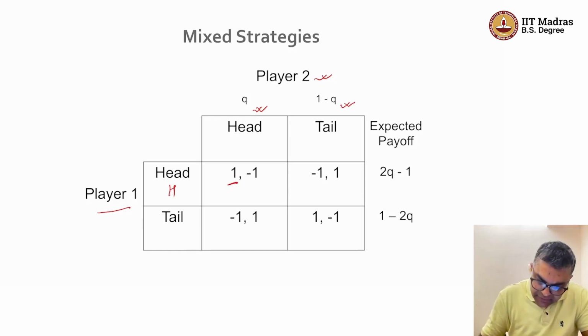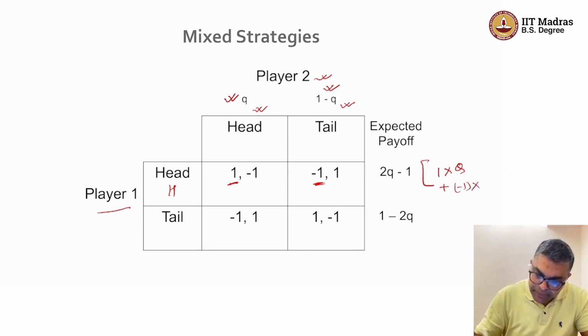So 1 he will get with probability q and minus 1 he will get with probability 1 minus q. So for head we can write 1 multiplied by q plus minus 1 multiplied by 1 minus q, and if you solve it, it will come out to be 2q minus 1.